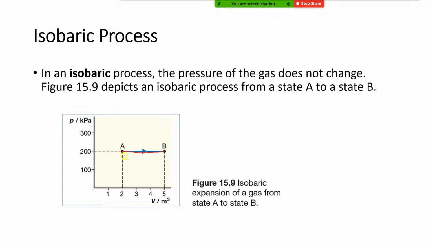I think by now we understand that if we go ahead and find the area underneath this graph, what would we basically find if we were to do that? What information can we get from the area of the graph?